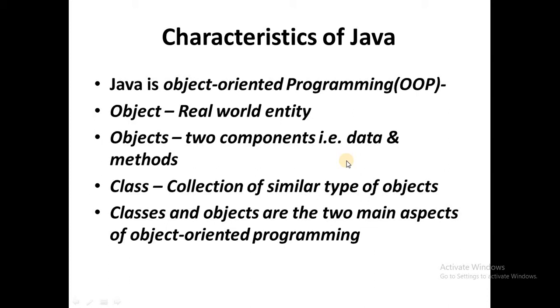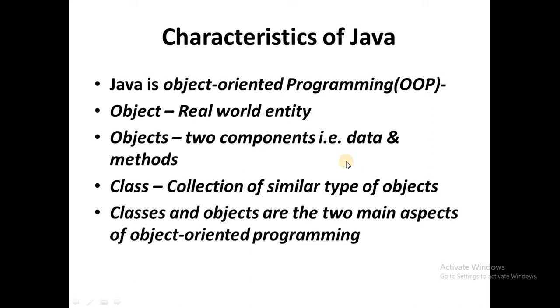What are the operations that can be performed by that object? That is methods. So an object majorly consists of two components. One is data. Data means properties or features of an object. Methods means operations, functions. So what are the operations performed by the object? That is called a method.